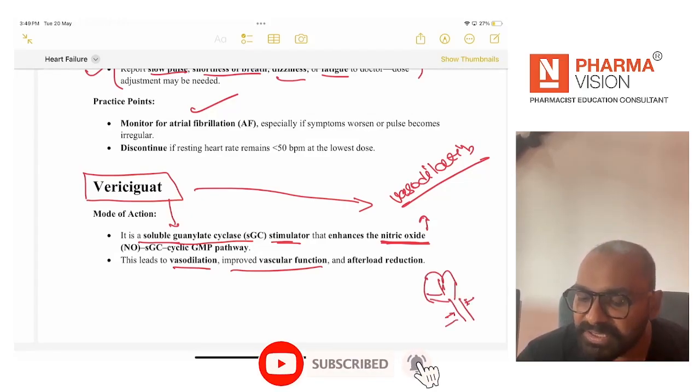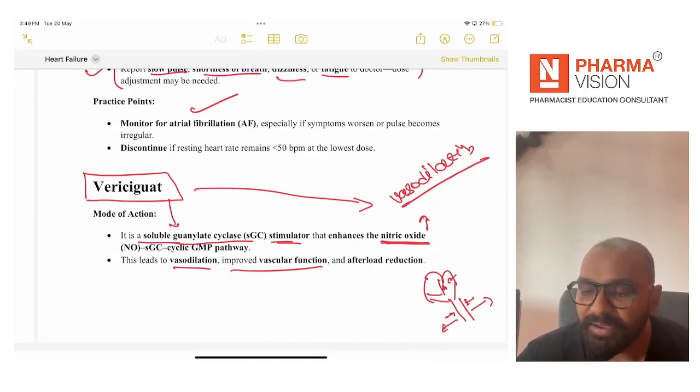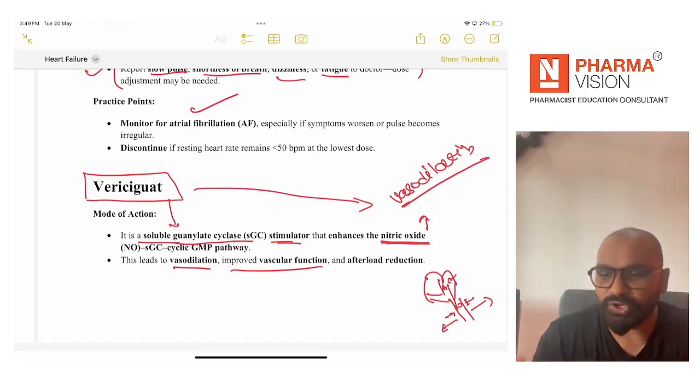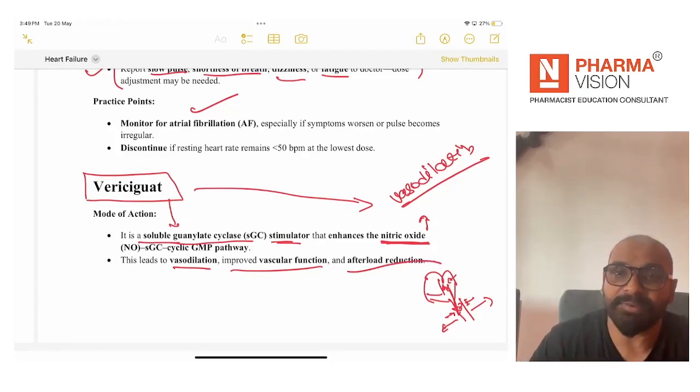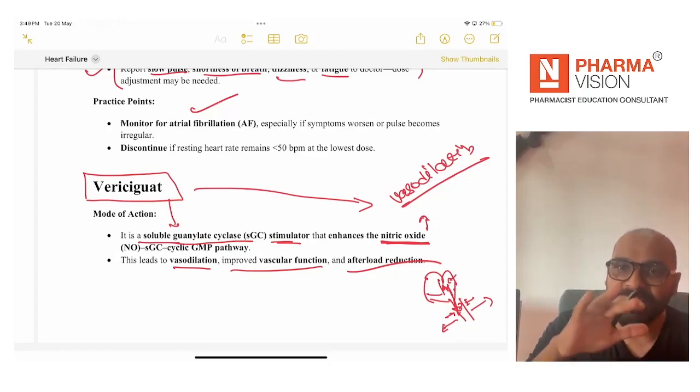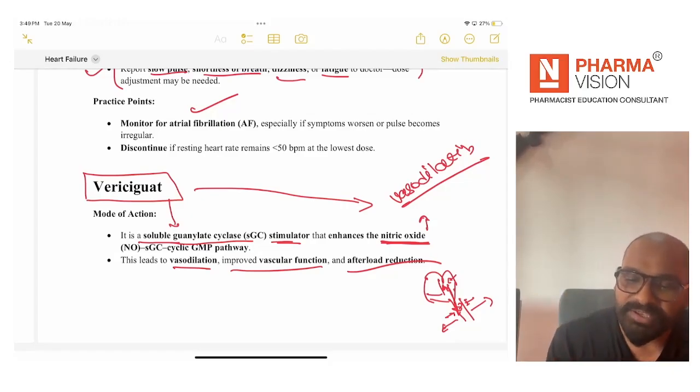Now these blood vessels become more dilated, so the left ventricle requires less work, or less pressure, to pump fluid from the left ventricle to the blood vessels. That means it decreases the afterload. With afterload reduction, the heart starts feeling at ease.